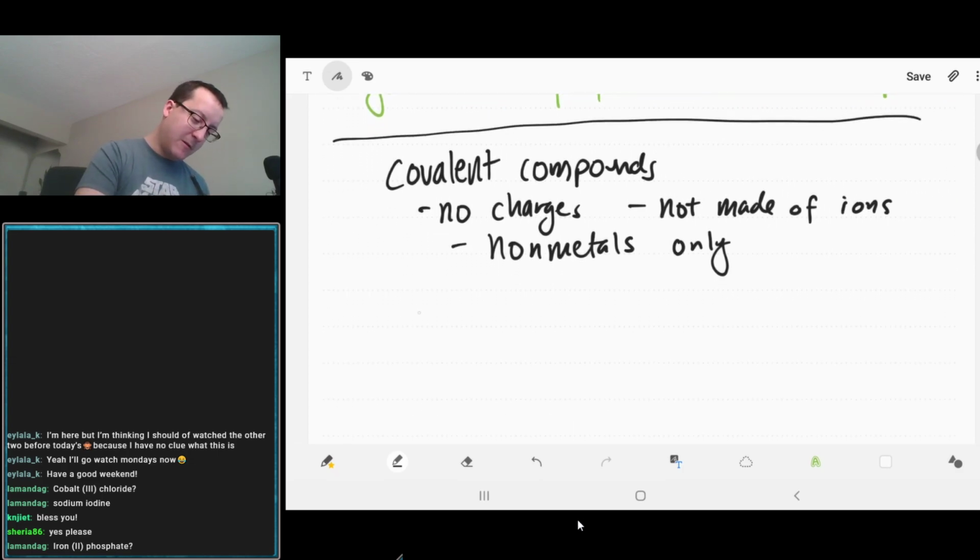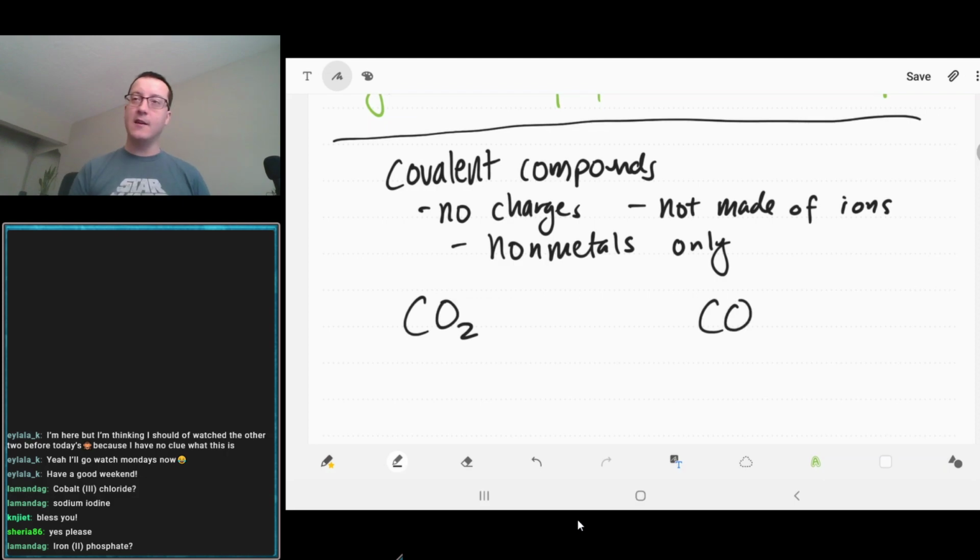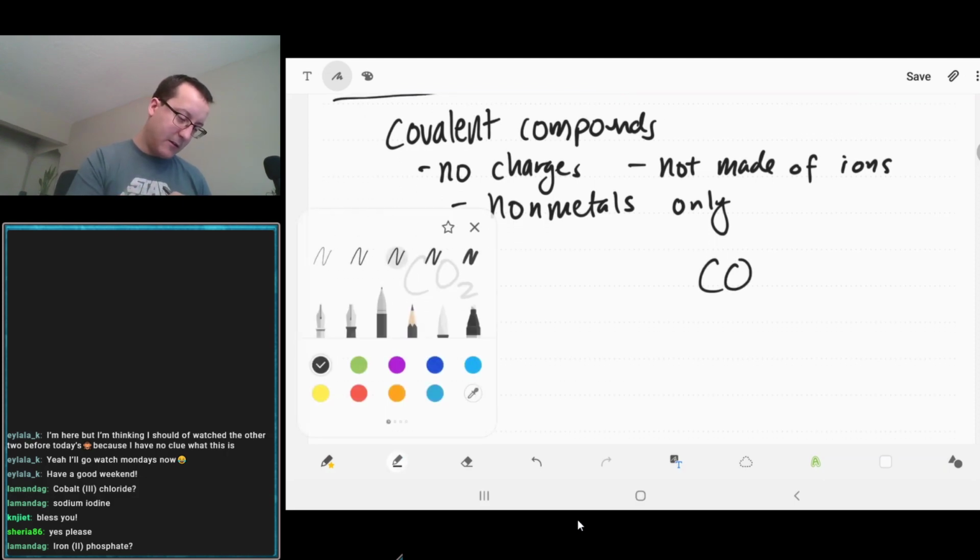Here is an example of a covalent compound with which we are familiar. And here's another one, which we are presumably also familiar with. Here are the names of those.